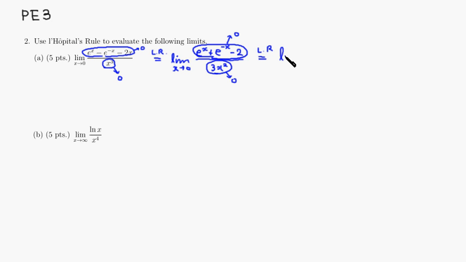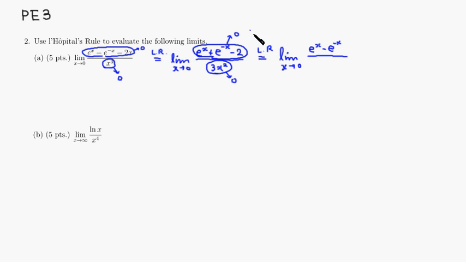So you have a limit as x approaches 0. Derivative of the numerator: derivative of e to the x is e to the x. Derivative of e to the negative x would be e to the negative x times negative 1, so it's negative e to the negative x. Derivative of negative 2 is 0 since it's a constant.